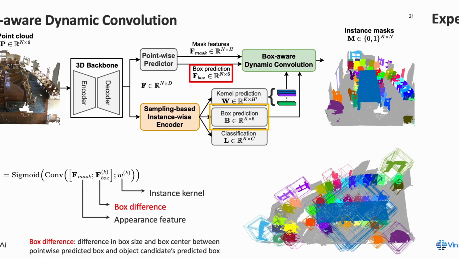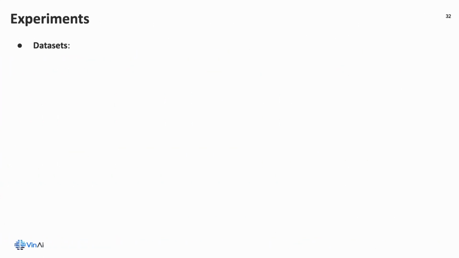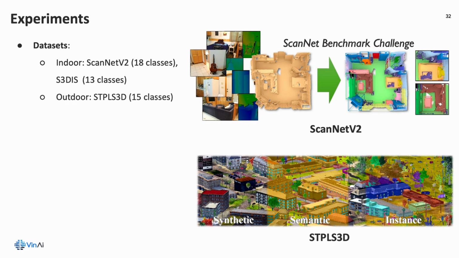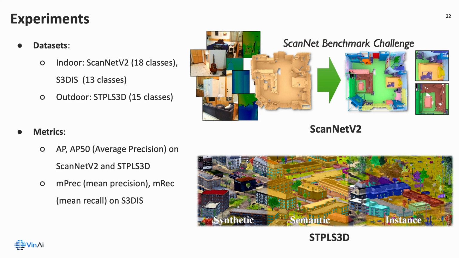We conduct experiments on 3 different datasets, including indoor datasets, ScanNet v2 and S3DIS, and the outdoor dataset, STPLS3D. For the evaluation metrics, we report the average precision AP and AP50 on ScanNet v2 and STPLS3D. For S3DIS, we additionally provide the mean precision and mean recall to compare with previous methods.